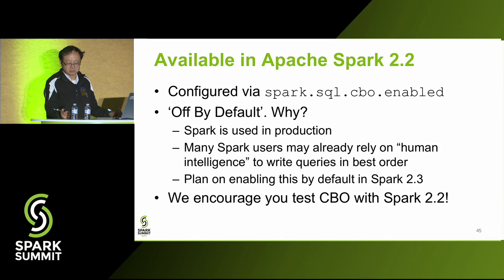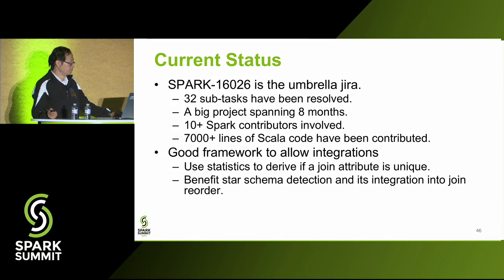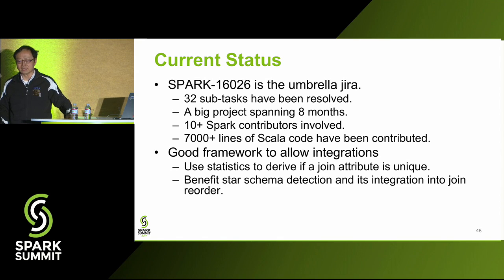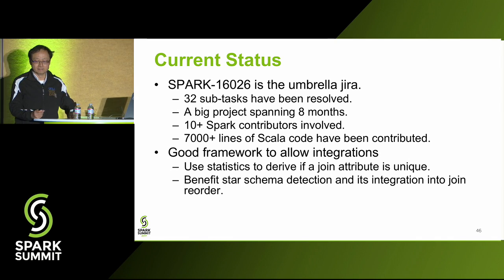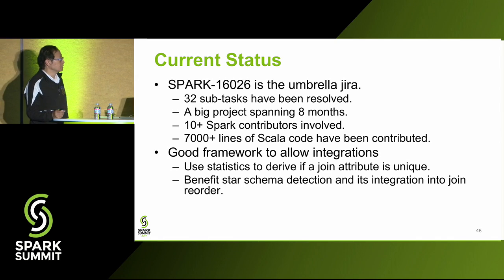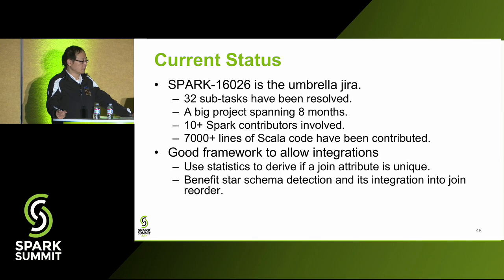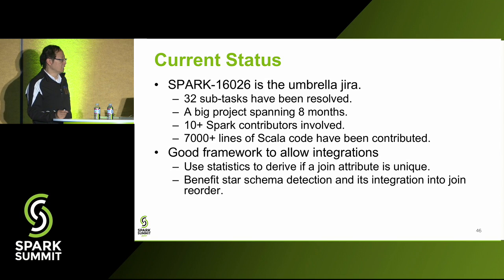As for the current status, we have an umbrella Jira, SPARK-16026, where you can see all the tasks. As of today, we have resolved 32 subtasks and more than 50 PRs.